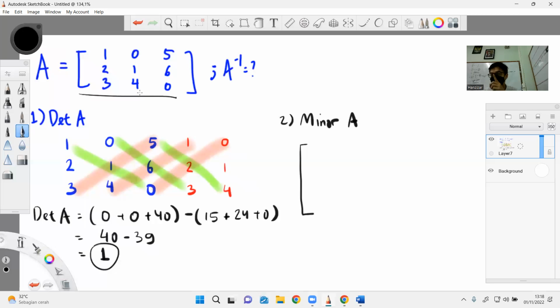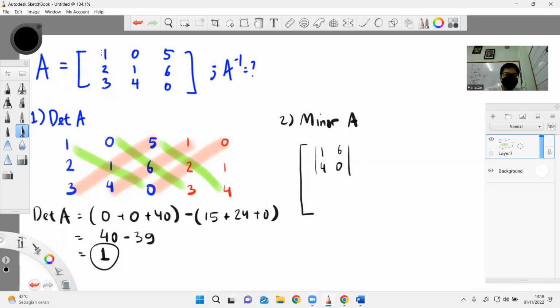Look at what I'm doing. Guys, focus here. I want to find the minor. I close this. 1 6 4 0. Do I have to write it down? No need. 1 times 0 minus 6 times 4. Or if you want to write it down, no problem. 1 6 4 0.